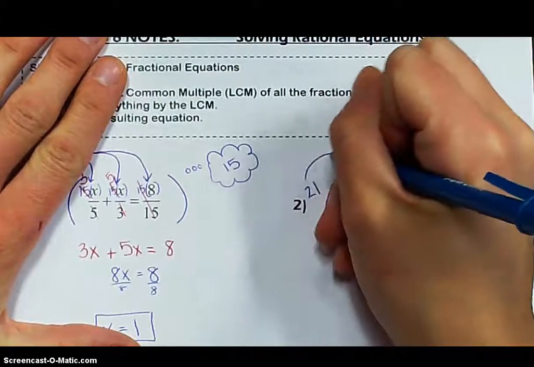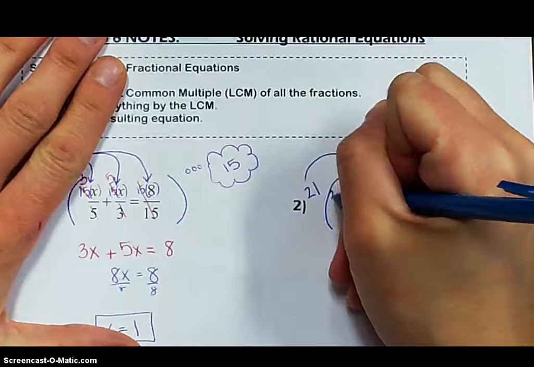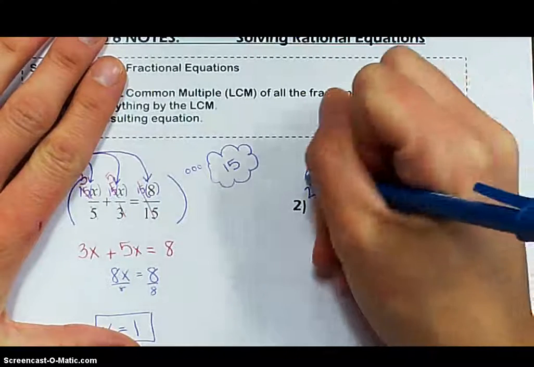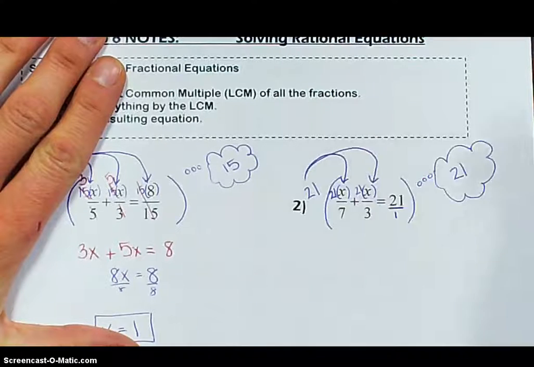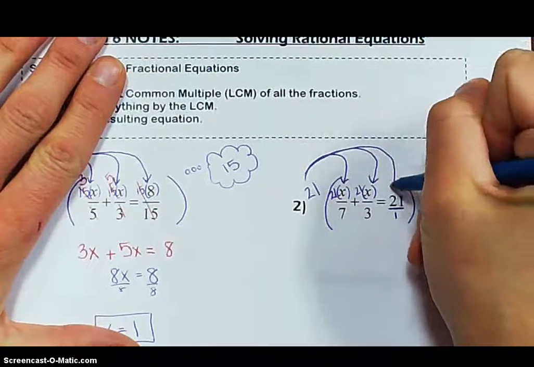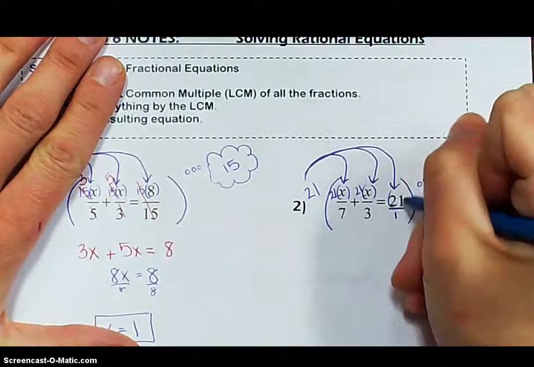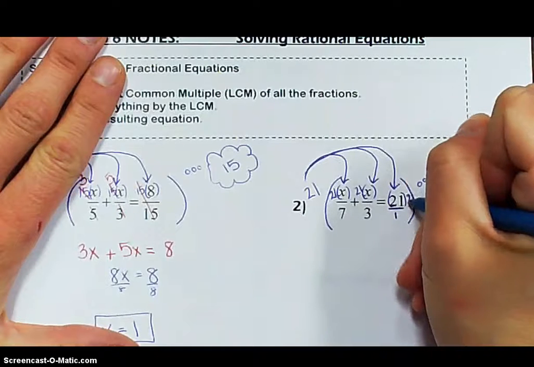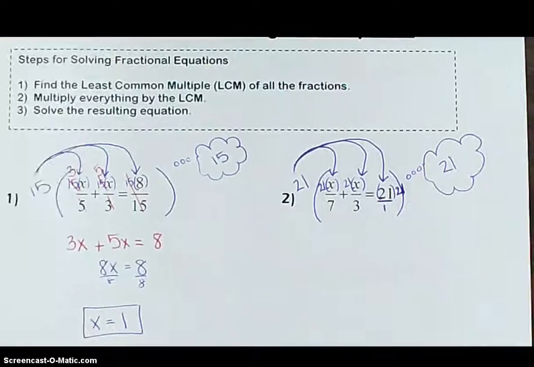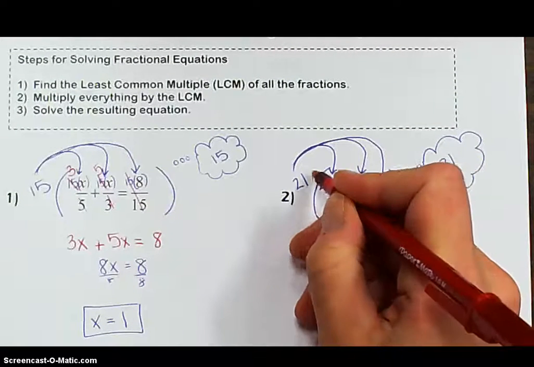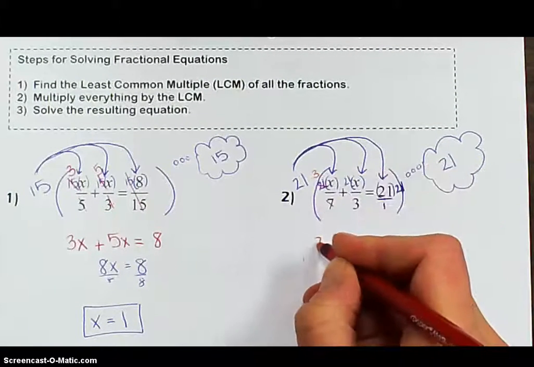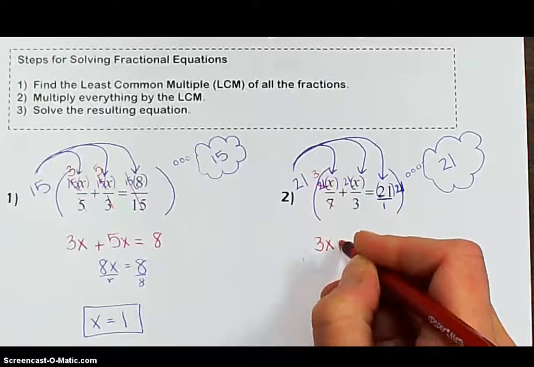I'm going to multiply 21 to the first term, to the second term, and to the last term. Let's see what happens now. I have 21 over 7. I know 7 goes into 21 3 times, so that leaves me with 3x.